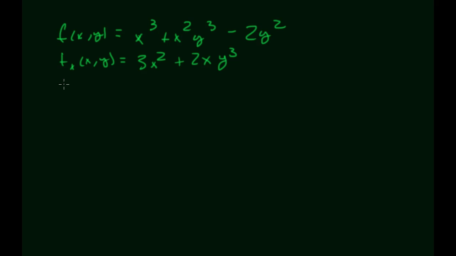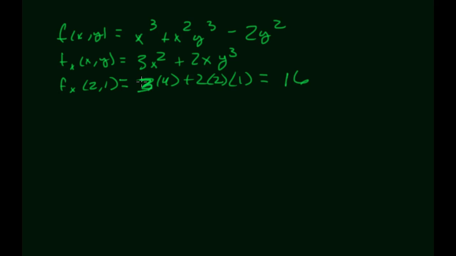Okay, so if I took that value at, let's say, the point (2, 1), that's going to give me 3 times 4 plus 2 times 2 times 1. That's 12 plus 4, which is 16.